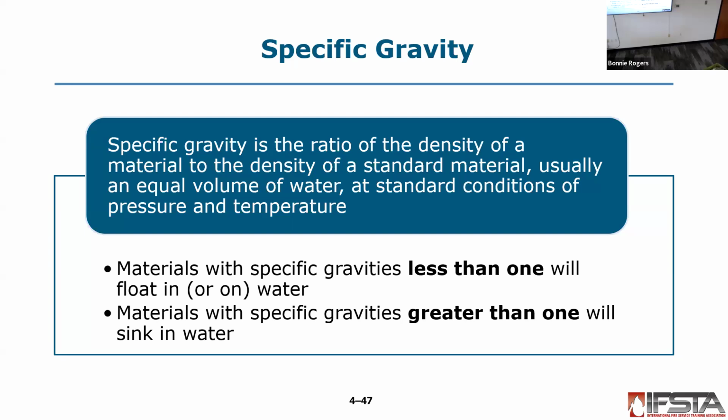I know there was a question, I forgot. Why are materials less than 1, the ones that float, harder to extinguish? So what do you think? They're sitting on the top, and what might be happening?